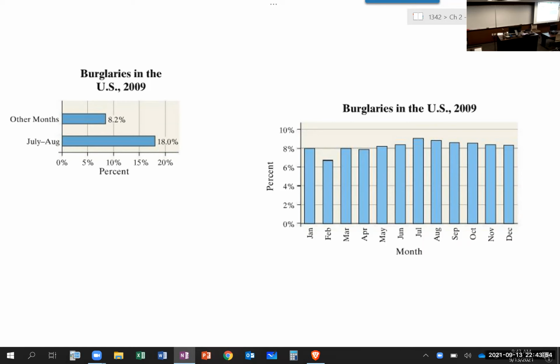On the leftmost graph, we have each individual month. On the right, we have July and August, which are summer months, and then all the other months.